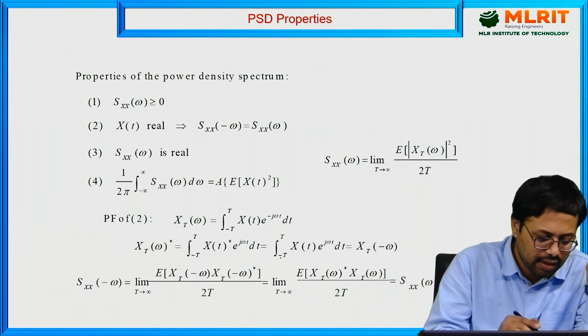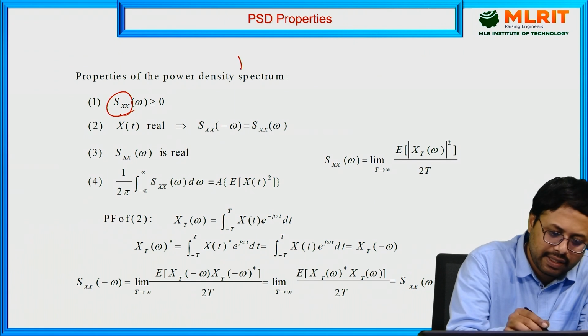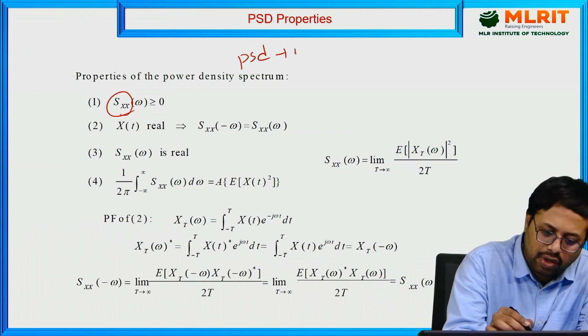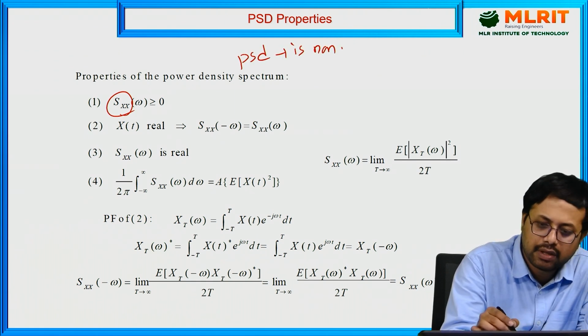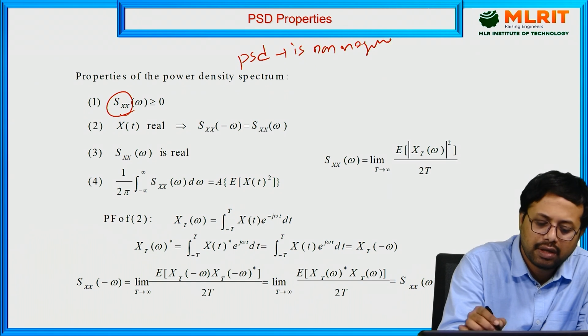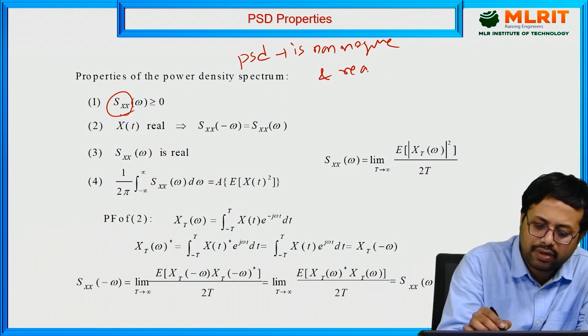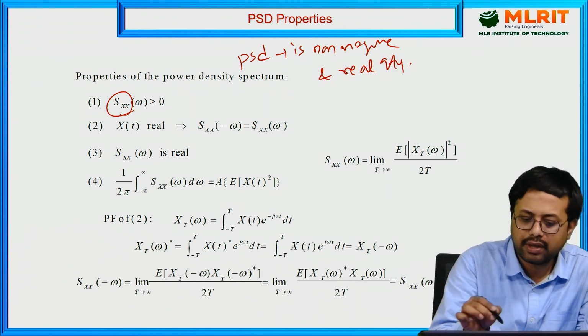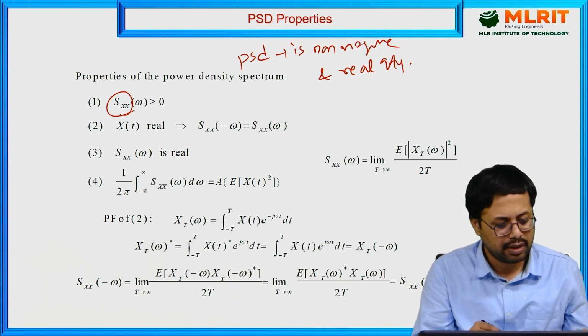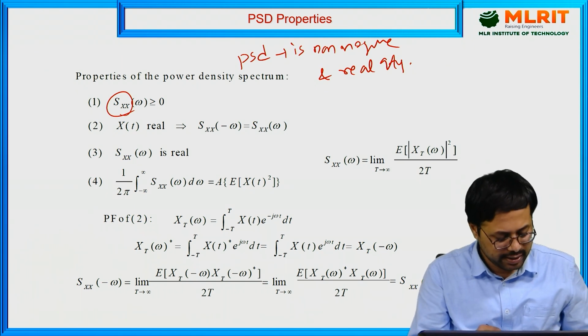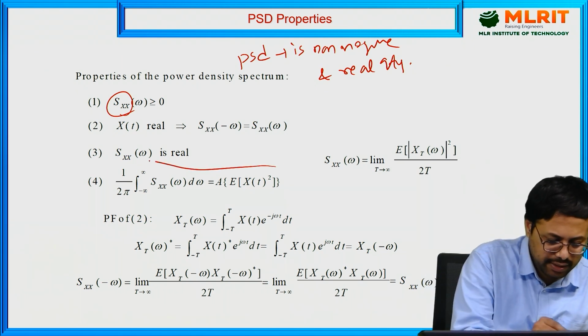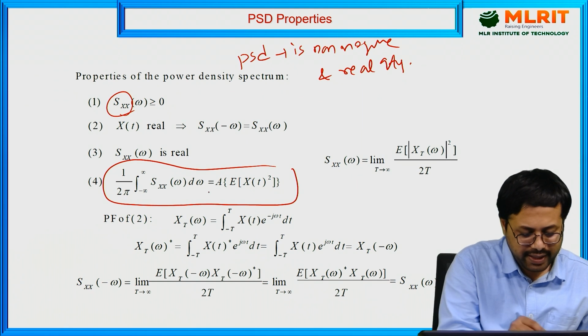So the power spectral density is always non-negative and a real quantity.